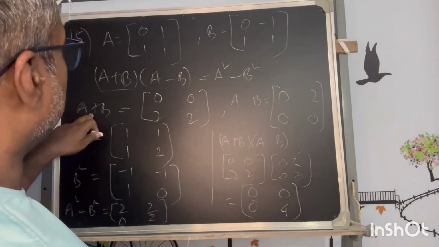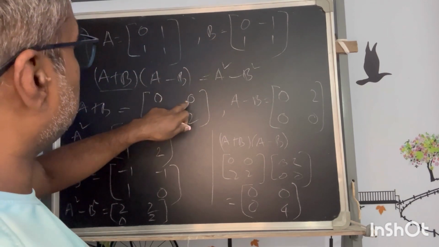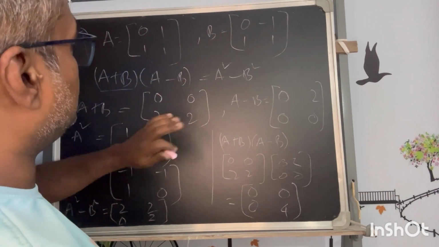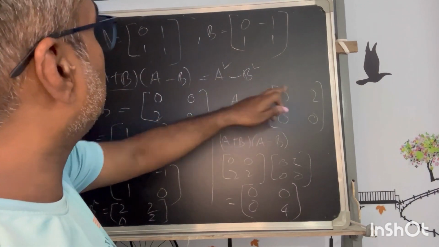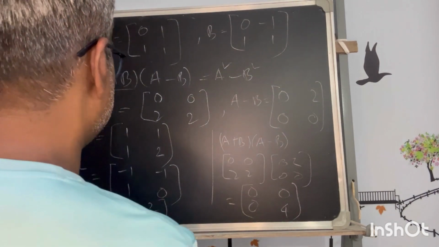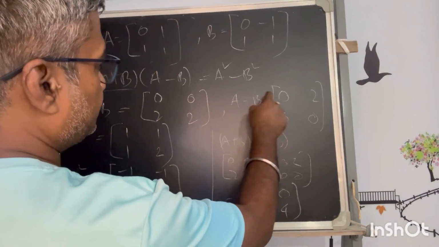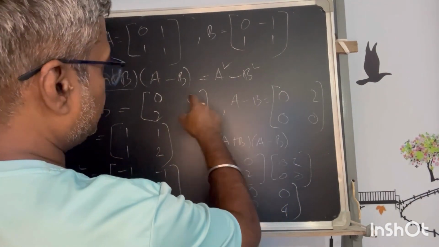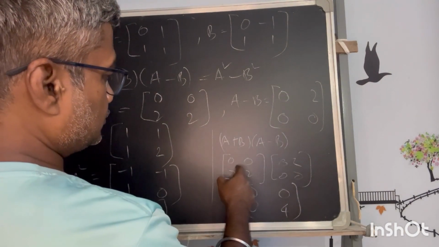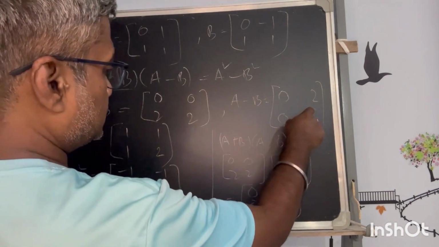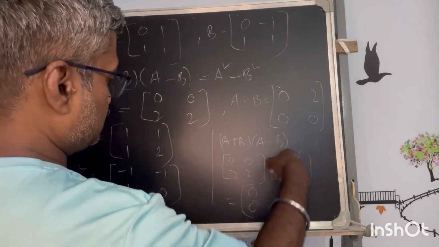What did I do? A plus B, this plus this is equal to 0, plus minus 0, 2 2, A minus B 0, 2 minus minus. So this is okay. So if I multiply, this will become 0 into 0, 0 into 0, 0. This is also 0, this is 0, this is 4.